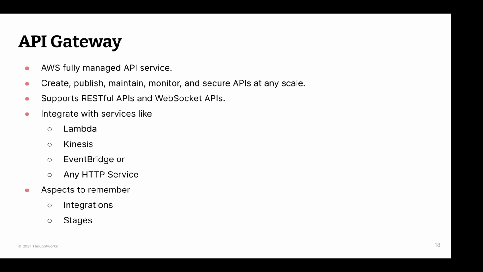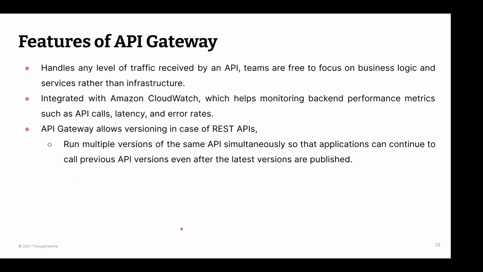If you don't need any stages, and you just need one set of APIs that whoever hits it should get, you can always go for a default stage. We'll see what a default stage is when we go to the hands-on sections. Now coming to the features of API Gateway: just like every serverless service that we saw, like Lambda and DB, it provides automatic scaling.